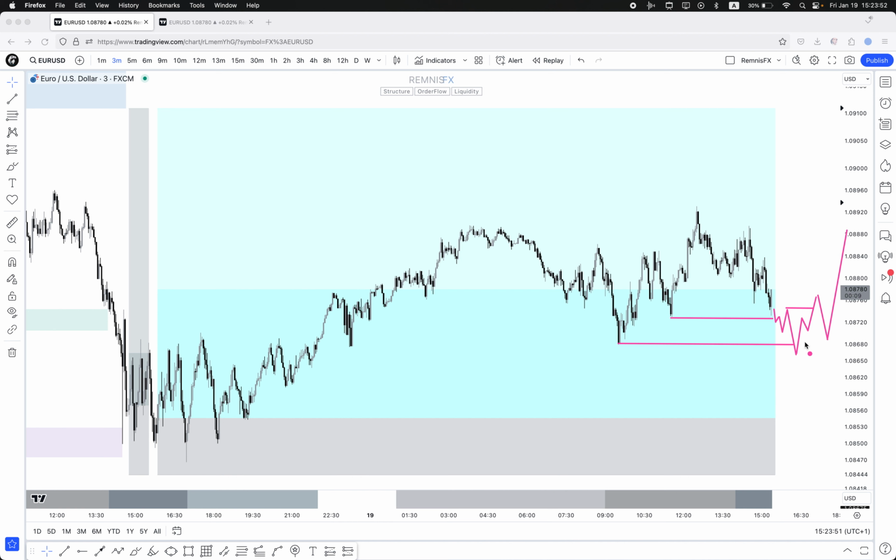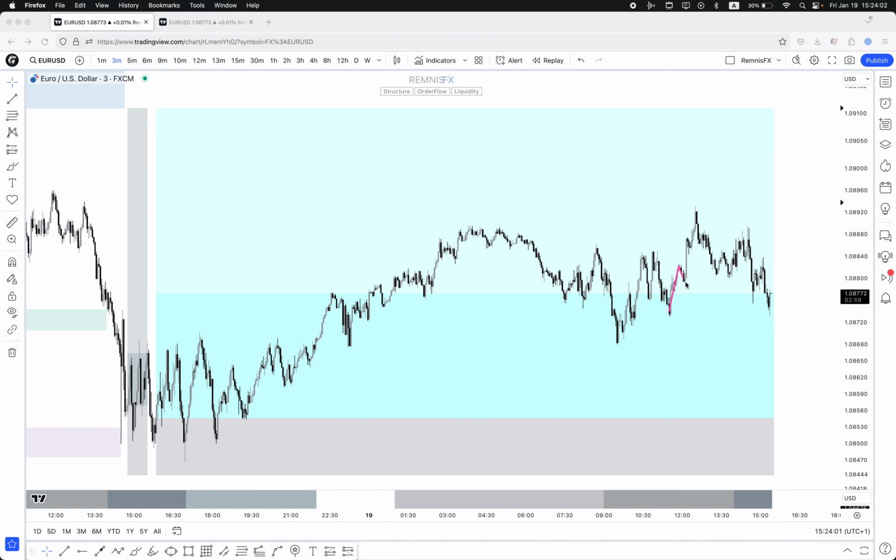Now, these are just the entries that I would look for. But if you are a little bit aggressive on especially the lower time frames, and if you don't mind trading these micro structures, as I like to call it, by all means, just go with it if you feel comfortable taking those positions.